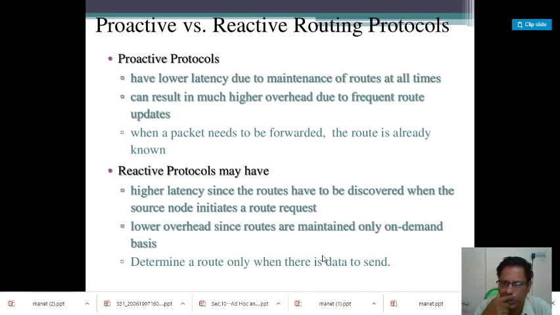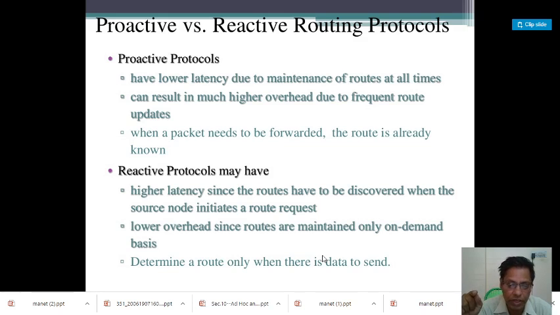Reactive protocols may have higher latency since the routes have to be discovered when the source node initiates a route request. But they have lower overhead since routes are maintained only on demand.